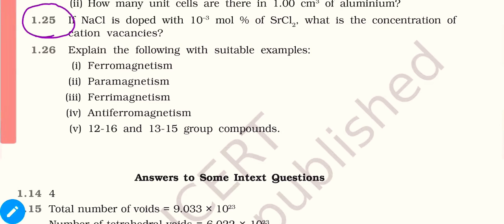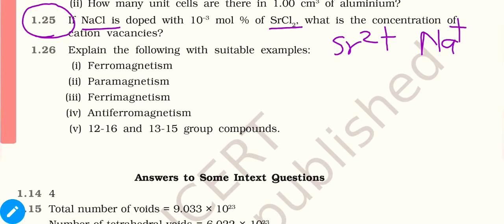Now next, 1.25: if NaCl is doped with 10 raised to minus 3 mole percentage of SrCl2, what is the concentration of cation vacancies? Now as we discussed in impurity defects, SrCl2 has Sr2 plus and NaCl has Na plus as a positive ion.